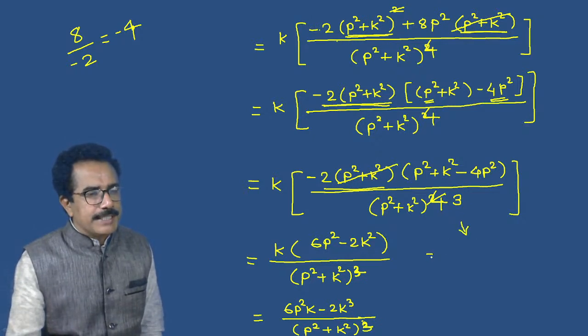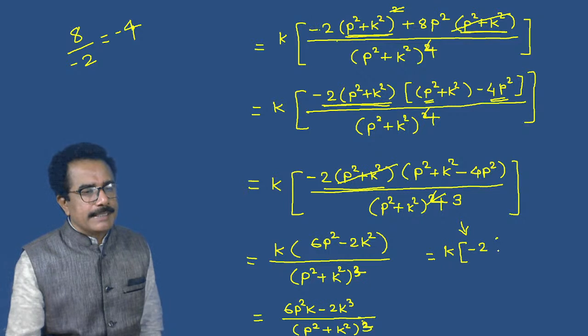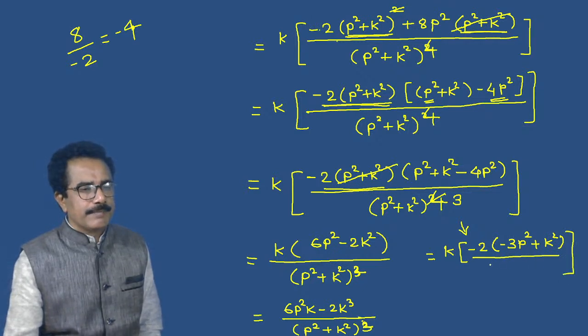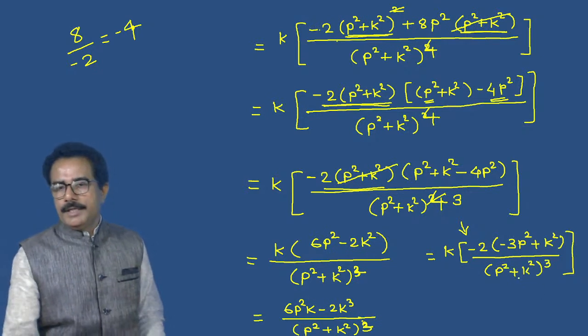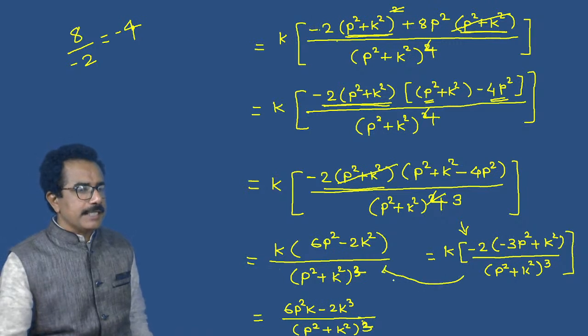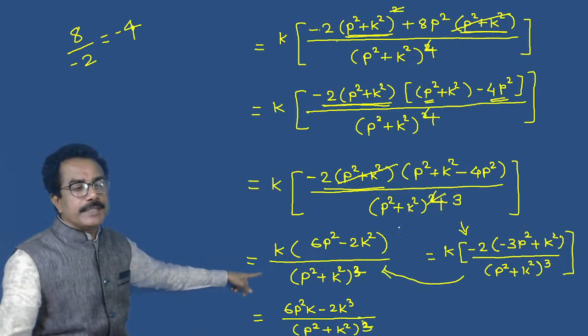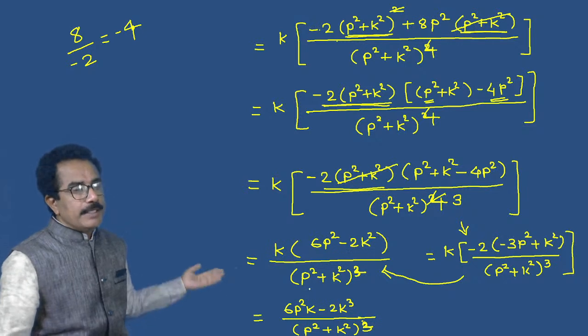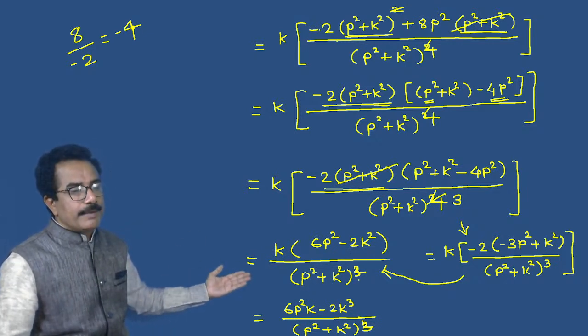So k as it is, then minus 2 in a bracket, minus 3p square plus k square, divided by the remaining bracket (p square plus k square) bracket cube. Is it okay? Now multiply by minus 2 in the bracket, then we will get the result: keep k as it is, plus 6p square minus 2k square. So we can write (p square plus k square) bracket cube.